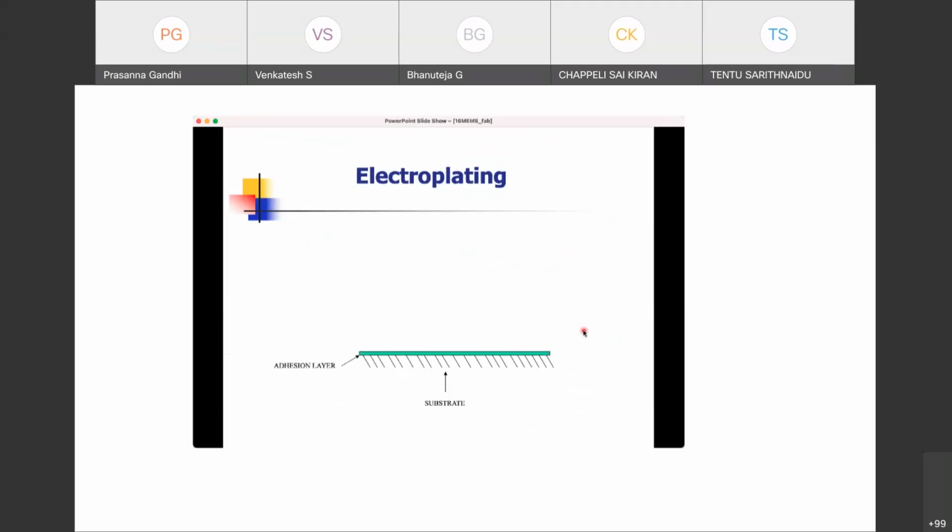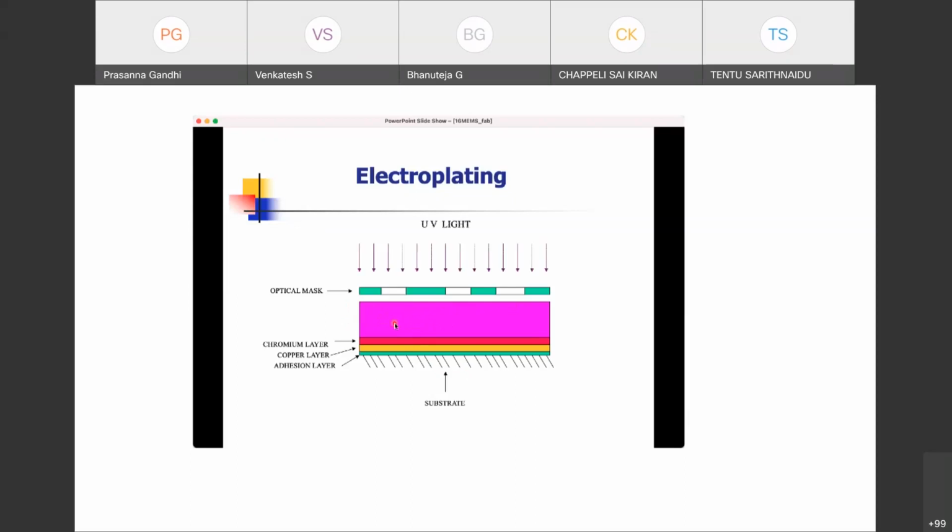Then there are these electroplating processes. This is again a material addition process, by a different way of electroplating. You use an addition layer, a copper layer, then a chromium layer, and then you deposit this polymer, where you open some windows for electroplating to happen.